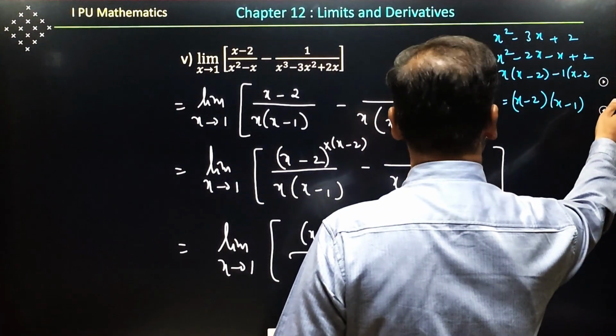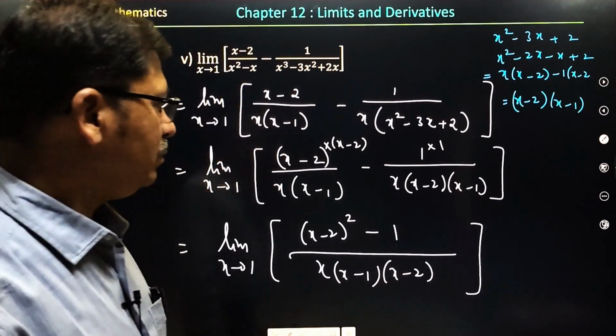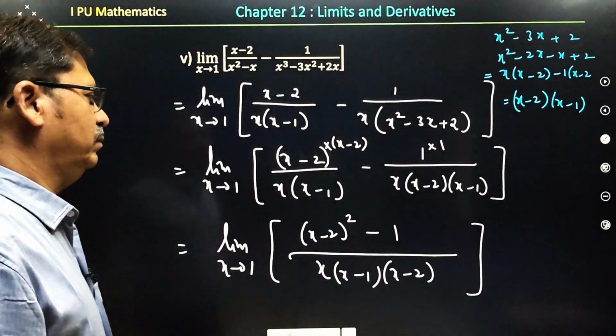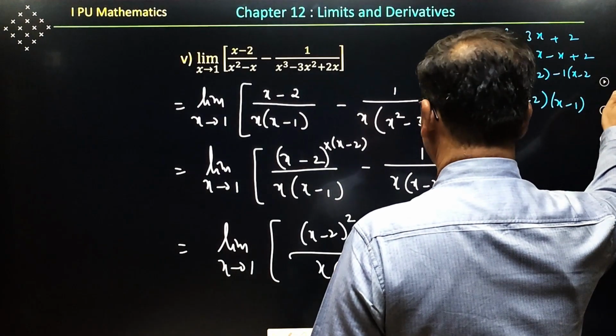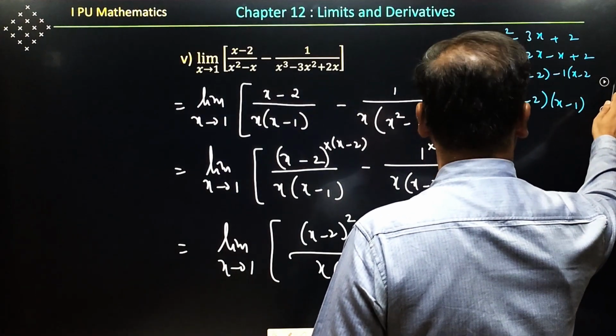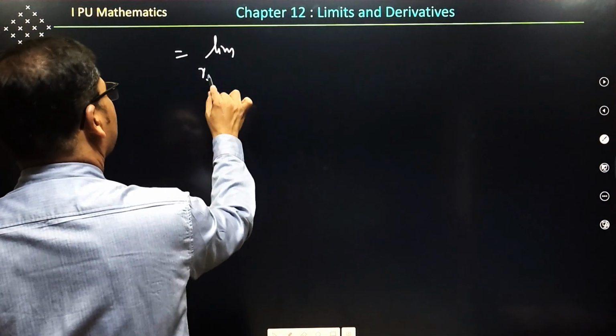Limit x tends to 1, x square minus 4x plus. This is equal to, you see here, limit x tends to 1.